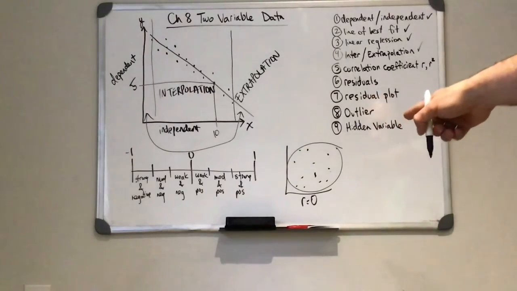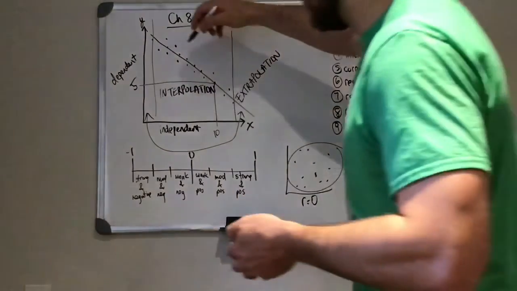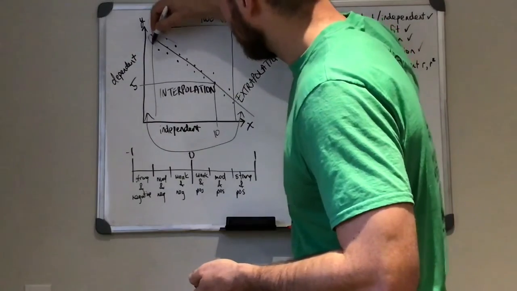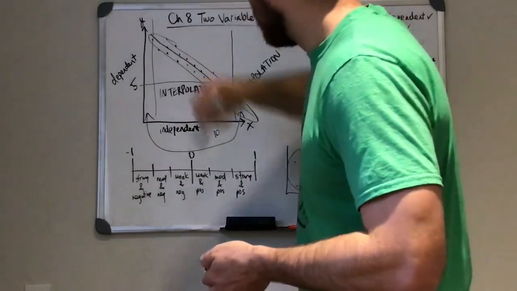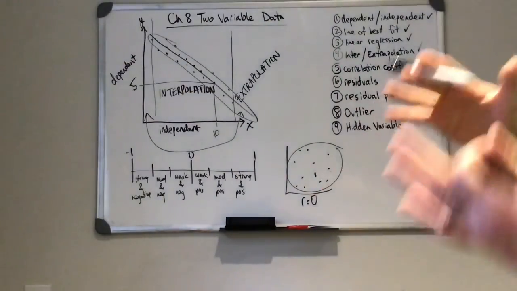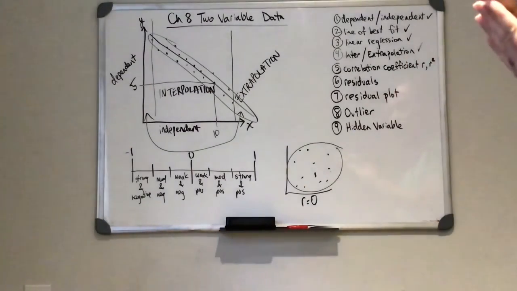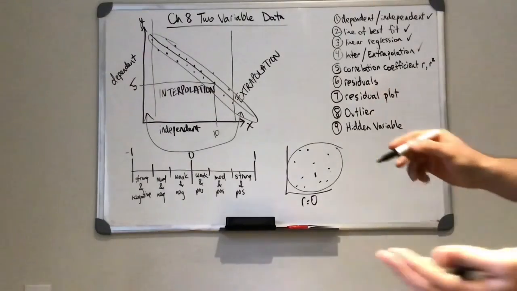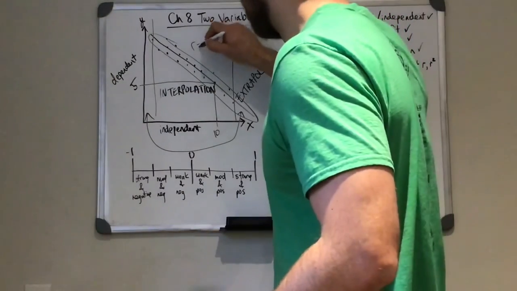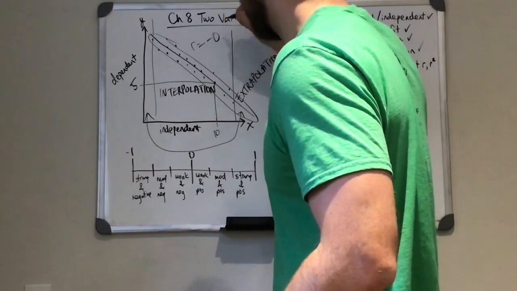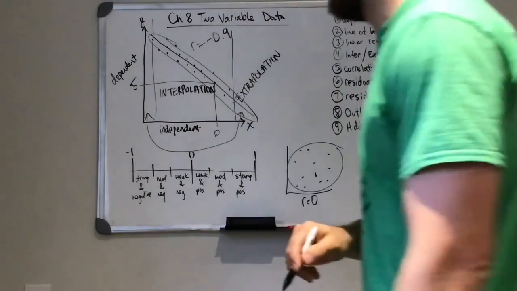If we compare that one to this one here, I can roughly fit all of my points in a pretty tight oval. This would have an R value of, I would say, -0.9, something like that.